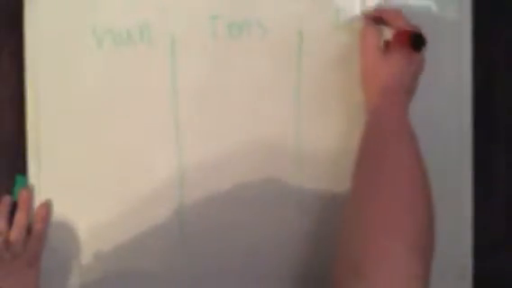To do this, we are going to use first the base 10 model. So let's get our numbers out. I'm going to divide my board by hundreds, tens, and ones.